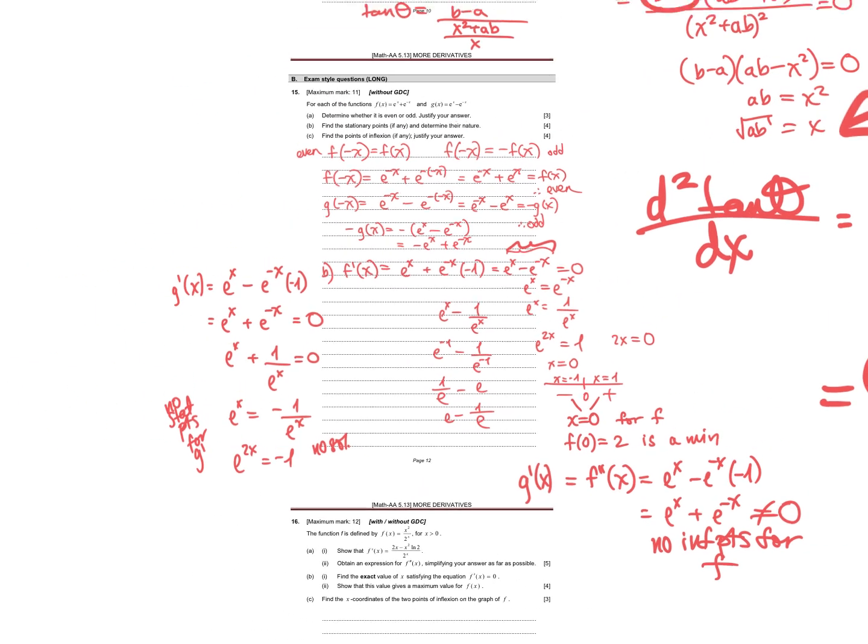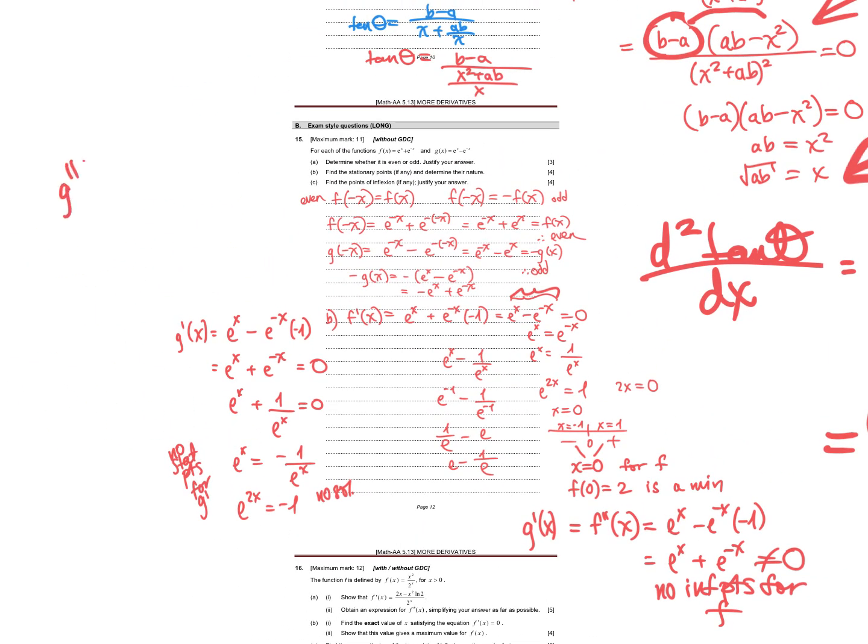And for g double prime, we're going to have e to the x, using that one, plus e to the negative x times -1. So e to the x minus e to the negative x. Now this is equal to f prime, and we know that's equal to 0 at x equals 0.